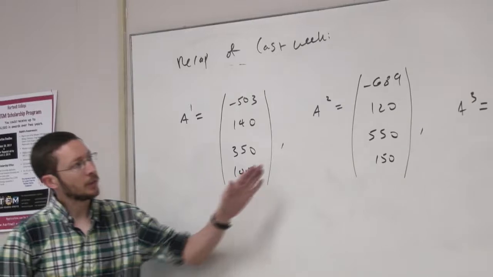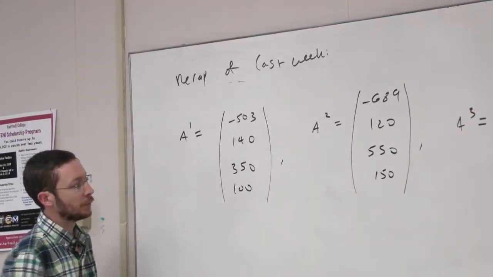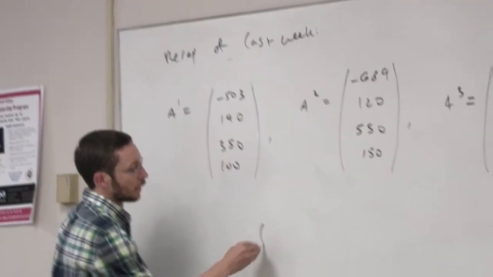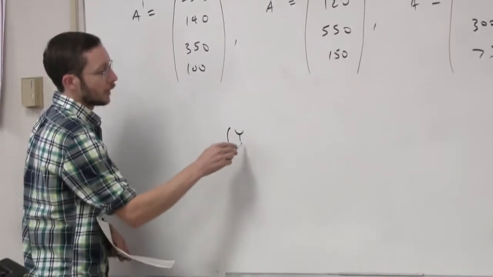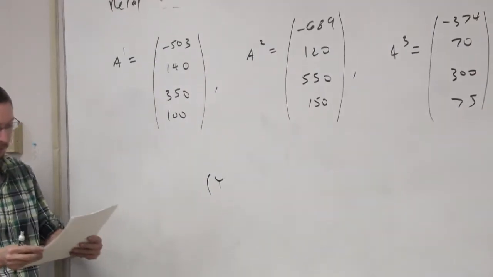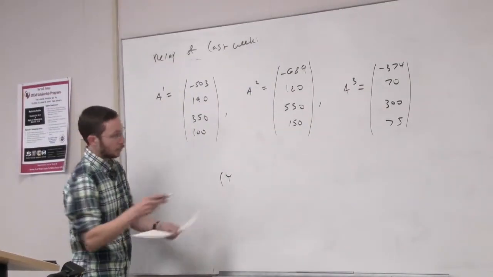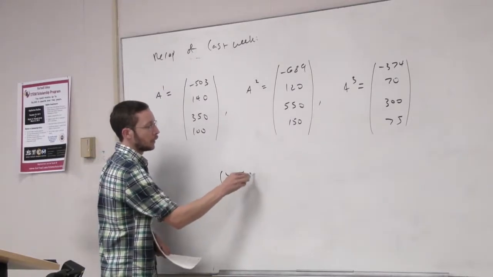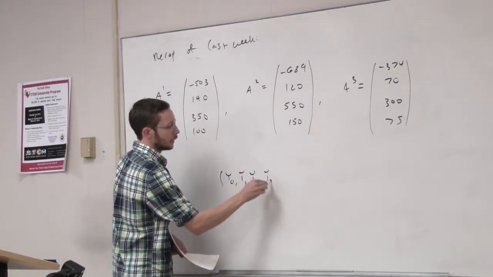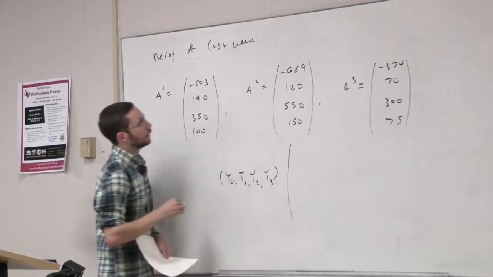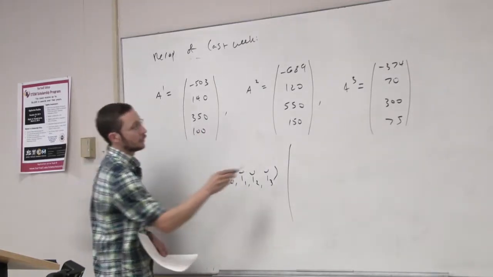Anytime you have a collection of assets, we toss them together into a matrix and set up the matrix equation. Let me make sure I get my notation consistent here: y0, y1, y2, y3 times this matrix, where we squish them all together.